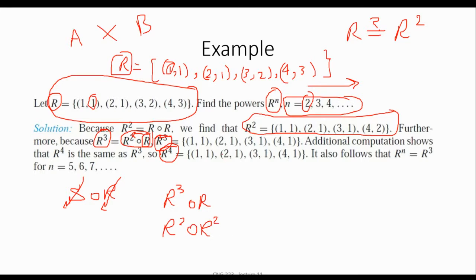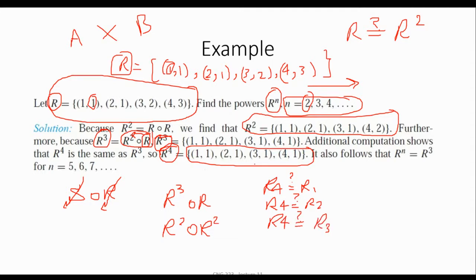Anyway, now when you find the answer for R4, you compare it with the previous ones. Is R4 equal to R1 or not? Is R4 equal to R2 or not? What about R4 to R3? Okay, let's check. For the first one, no. It is not equal to this one. This is not equal to R2, but this is equal to R3, you see?